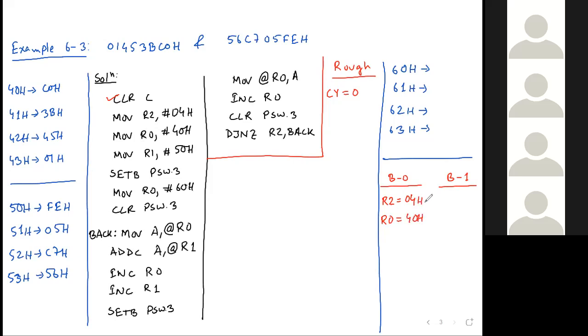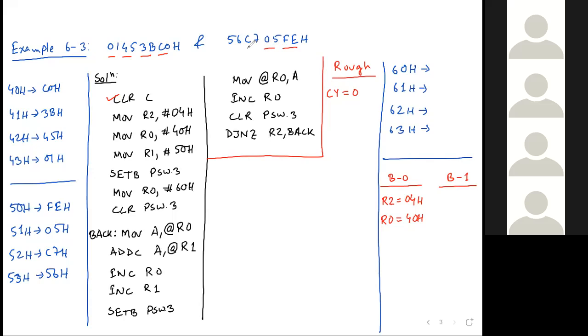Sir, can you repeat from R2? Okay. So R2 contains 04, because you see that over here we have got 4 byte numbers, right? 1, 2, 3, 4. And in order to add, we will need this accumulator register. And you know that accumulator register is only 1 byte sized. That means in each loop, you can add only 1 byte of each of these numbers.